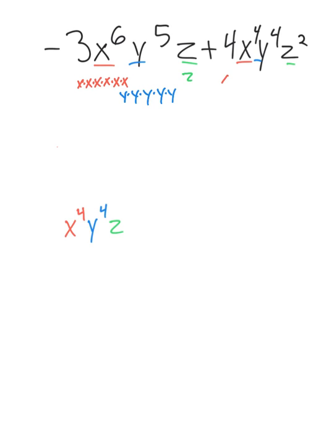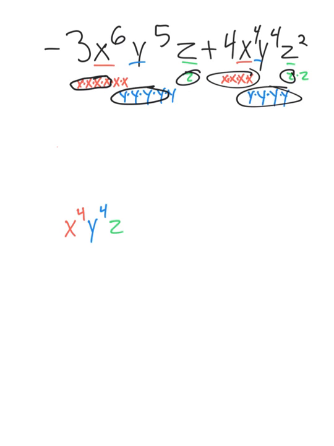And then over here we would have 1, 2, 3, 4 x's, 4 y's, and 2 z's. So what they have in common is they both have 4 x's, they both have 4 y's, and they both have 1 z.